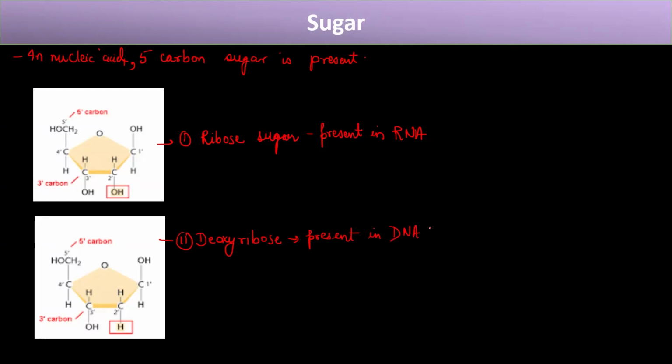Okay. Now, if you look at their structure, what difference can we see in the case of ribose and deoxyribose? The difference that we can see is clearly marked here. And the difference is this 2' OH. So 2' is at carbon position 2 of this ring.